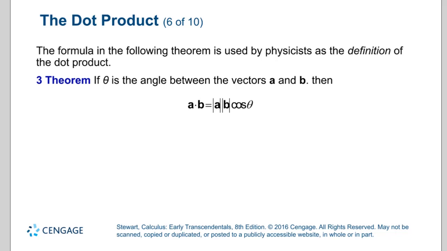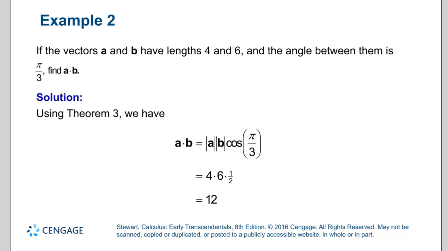So if I know the angle and the lengths of A and B, I can figure out the dot product. If the vectors A and B have lengths of 4 and 6, and the angle between them is pi over 3, we can use that to figure out the dot product. We multiply 4 times 6, and the cosine of pi over 3 is 1/2. So the dot product is 12.